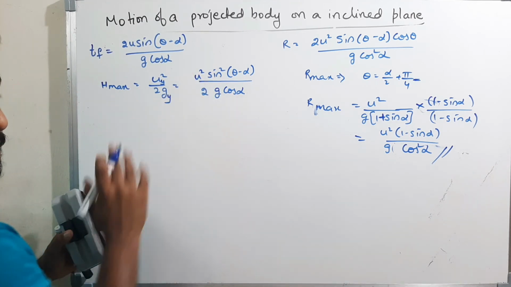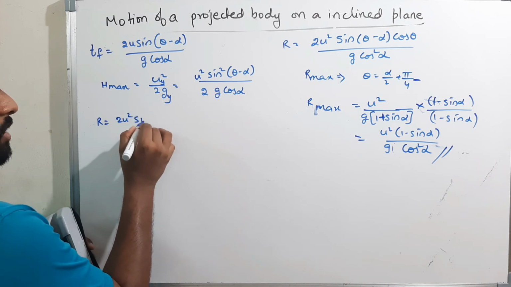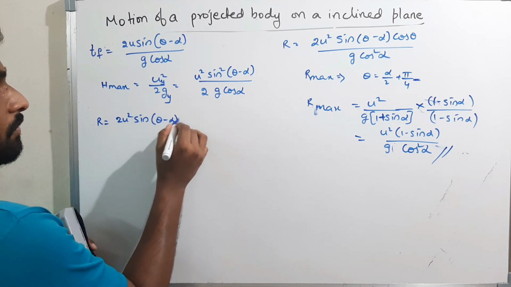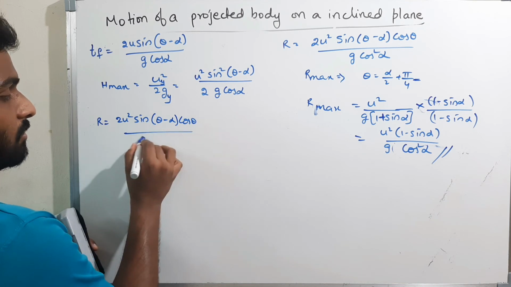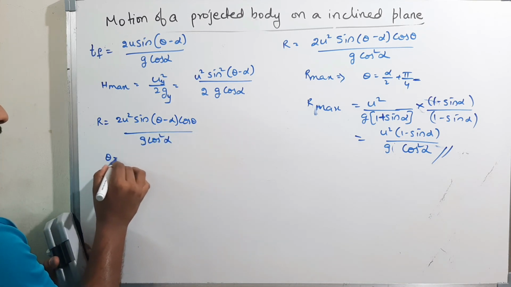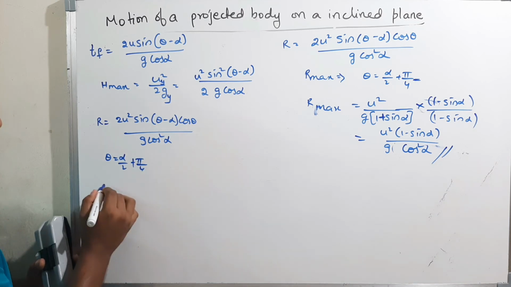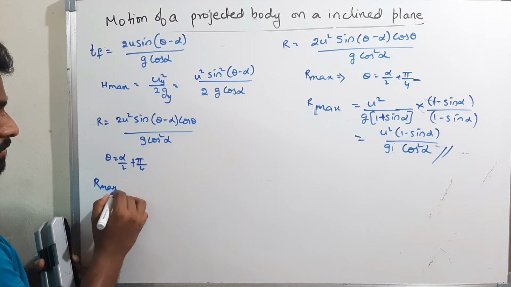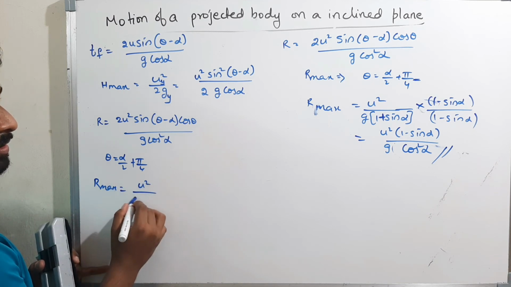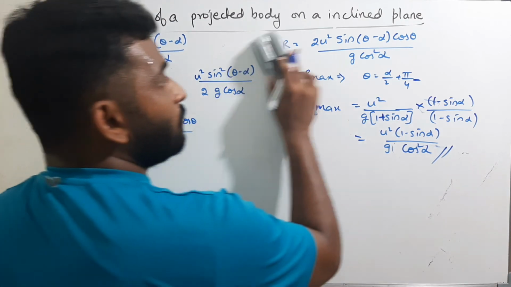The range is 2u² sin(θ − α) cos θ / (g cos² α), and the maximum angle is α/2 + π/4, and the maximum range is u²/g into (1 + sin α). Okay, now we will see down the plane.